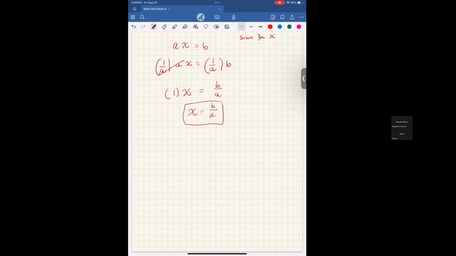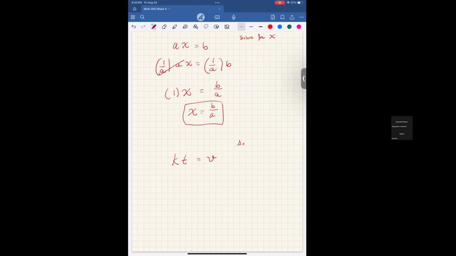But now, suppose we have an equation, and instead of this constant A, this constant B, and X, you have something like, I don't know, K times T is equal to V. I don't know what K is. You don't know what K is. I don't know what T is. You don't know what T is. I don't know what V is. You don't know what V is.